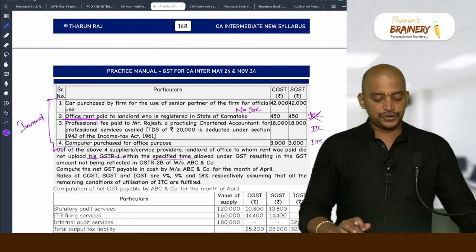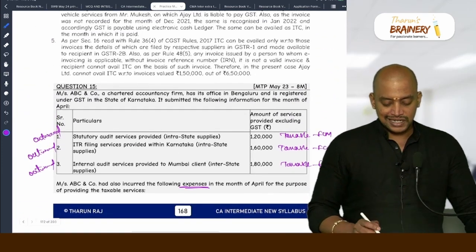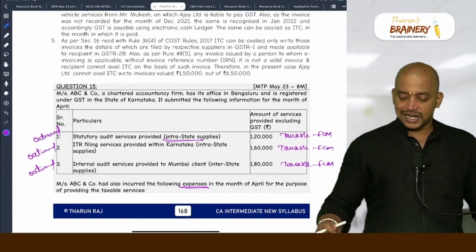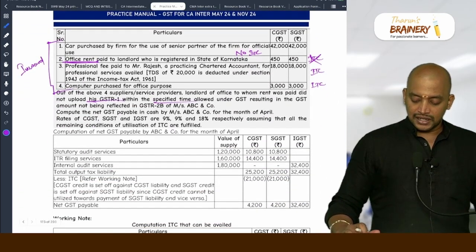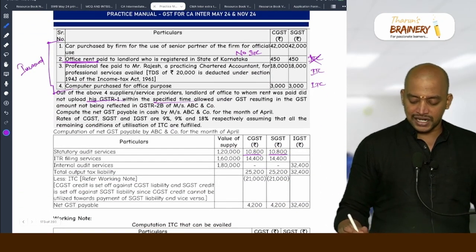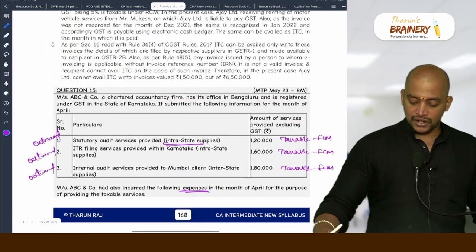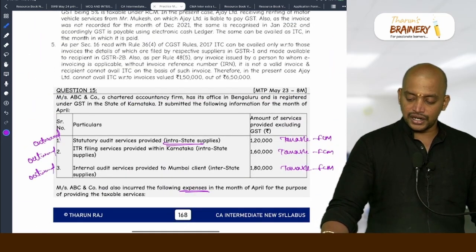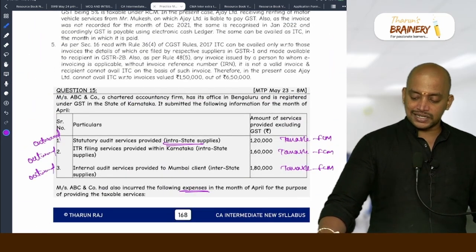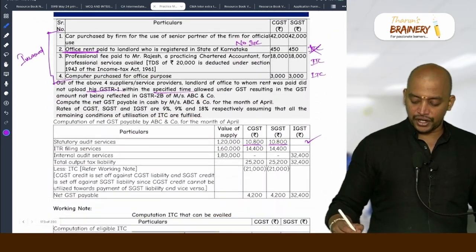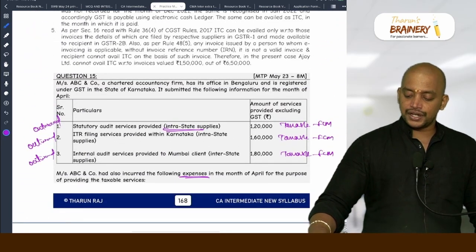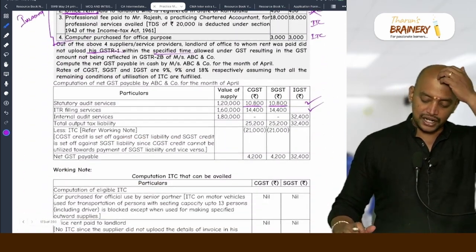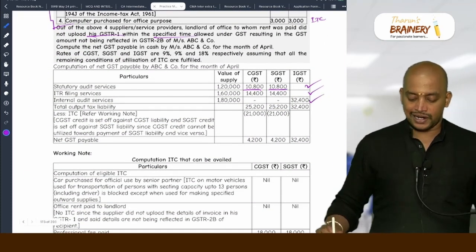So directly we do the computation. First, 1,20,000 intrastate means 1,20,000 into 9%, 10,800, 10,800. Then next one 1,60,000 into 9%, 14,400, 14,400. And then 1,80,000 into 18%, 32,400.